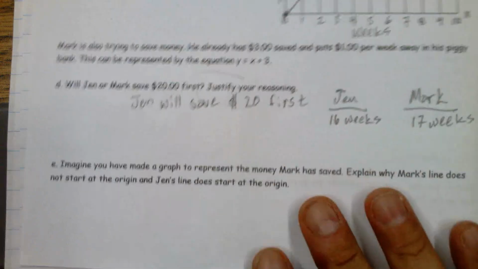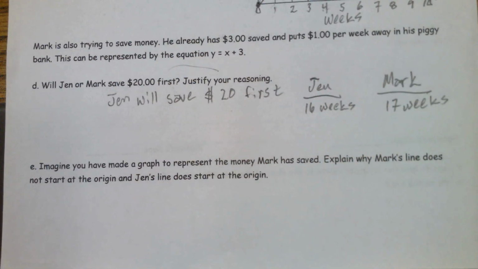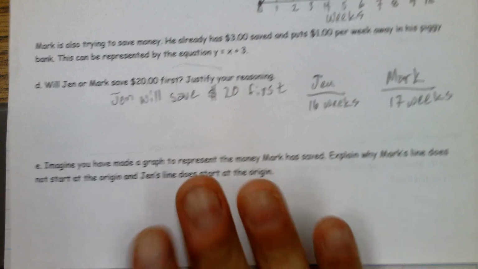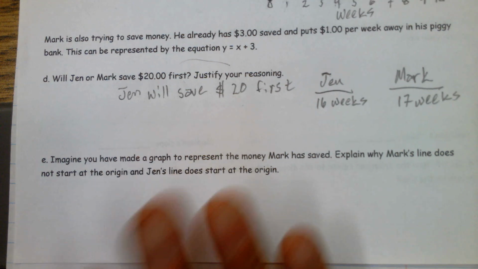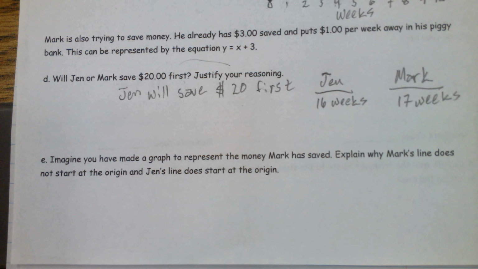Answer that. Go ahead, and I'll give you some time. Then we're going to go on to the backside. Everyone should check in with your partner, make sure you agree. Why does Jen's line start at 0 and Mark's line start at 3 on the y-axis?